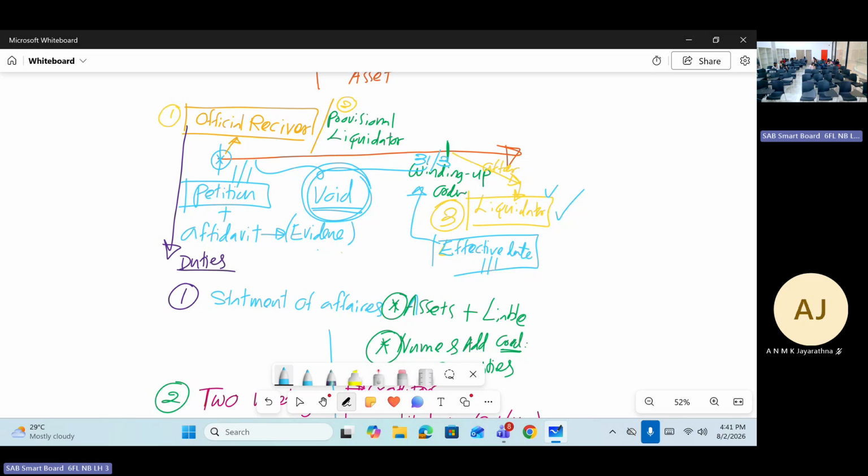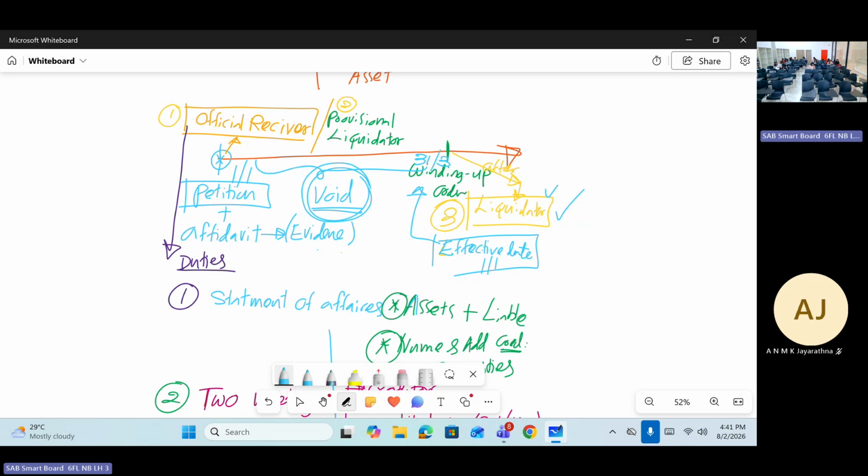The official receiver appointed as the provisional liquidator will generally be appointed as the liquidator, and the same person will conduct the liquidating process. So, in order to decide whom to appoint as liquidator, the two meetings are called. And the second reason is to decide how to appoint the committee of inspection.